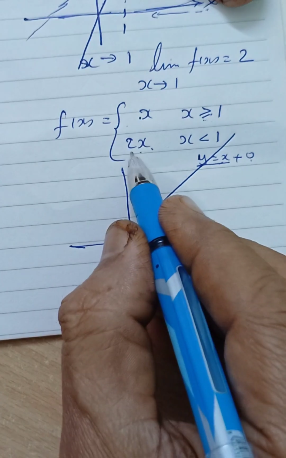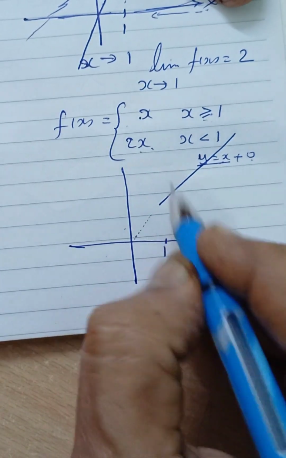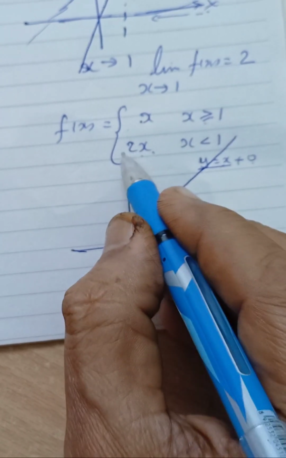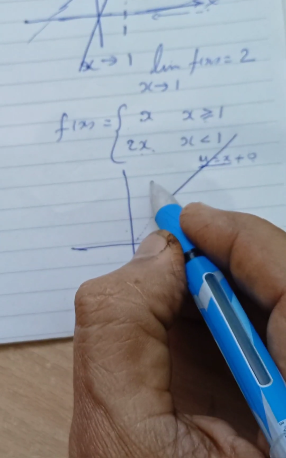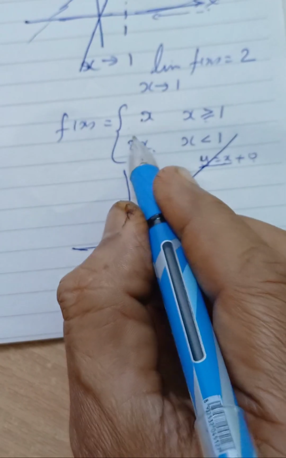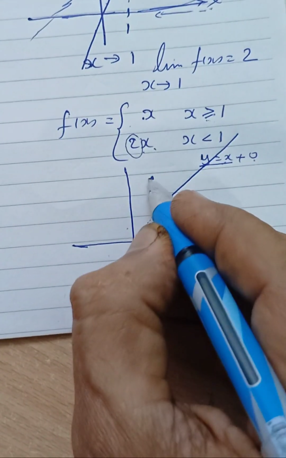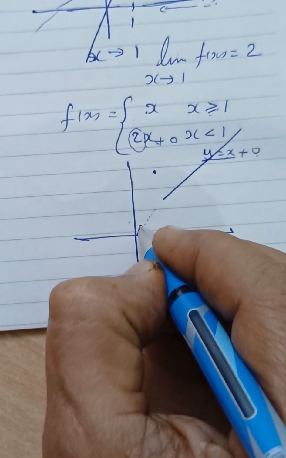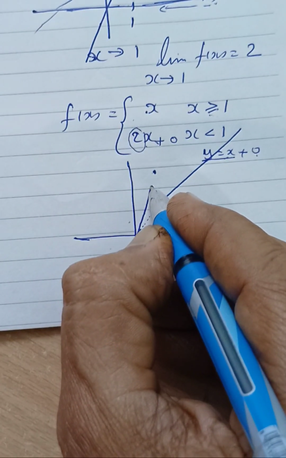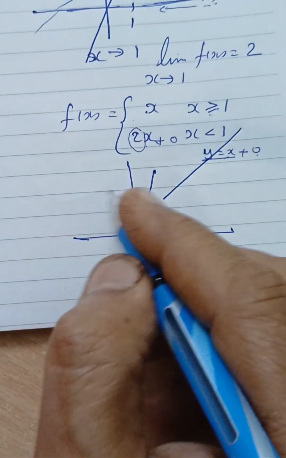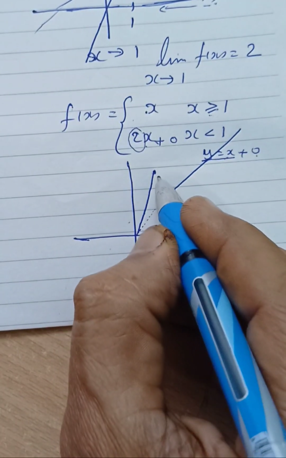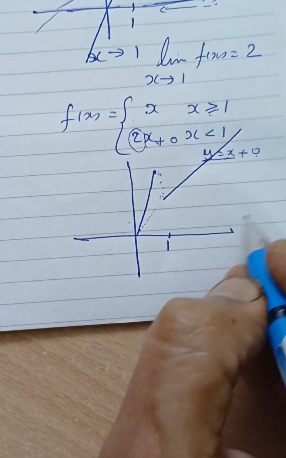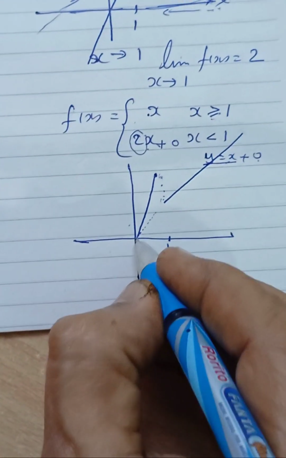You can observe that if you substitute a value less than 1, for example 0.9, it will be 1.8, so it will be somewhere here. And the slope is much more than this. So the graph is again with intercept 0. So this will also pass through the origin, but the inclination is more towards the y-axis. Now you can see there is a huge gap between these two parts of the graph.